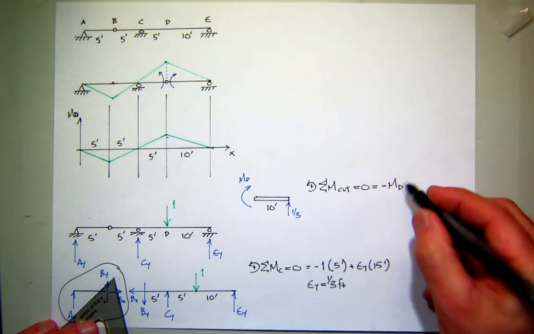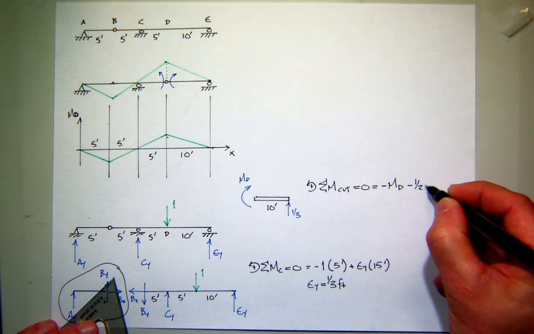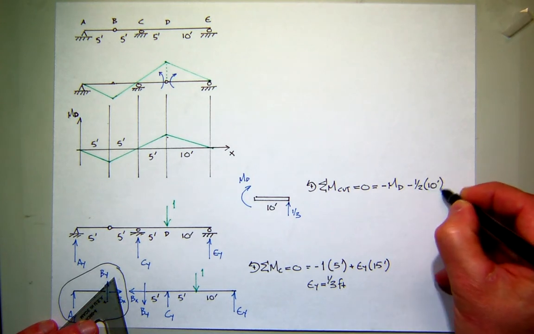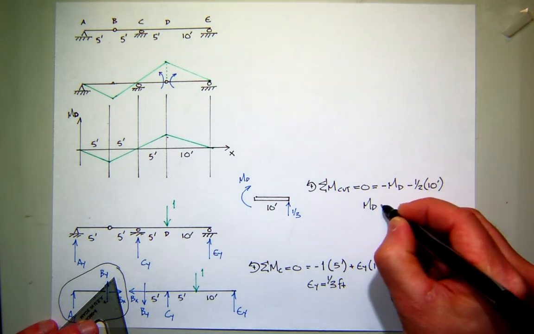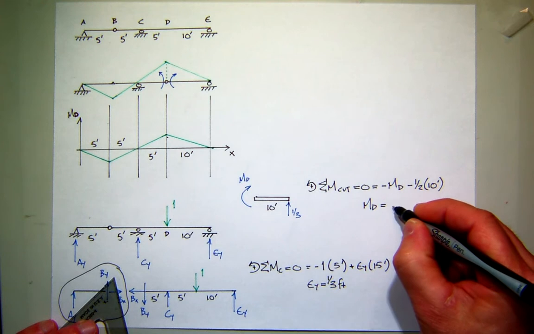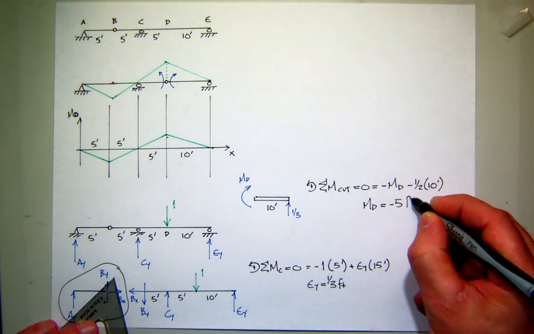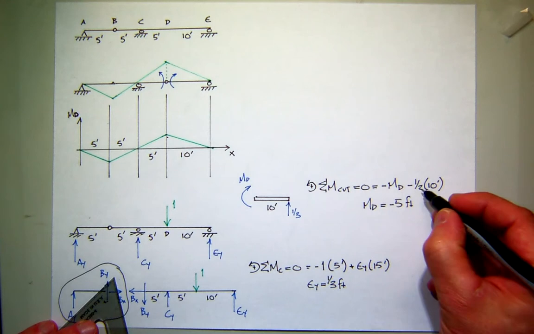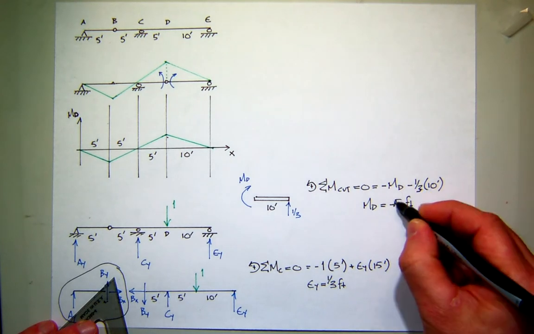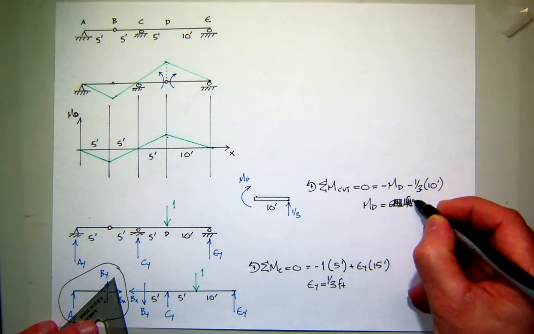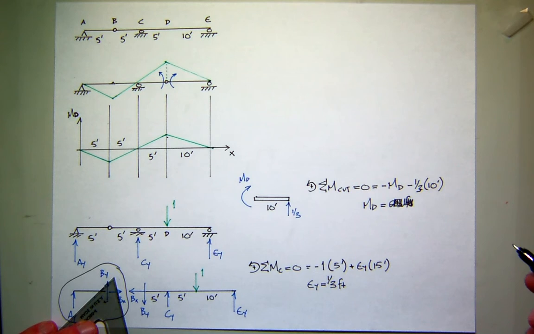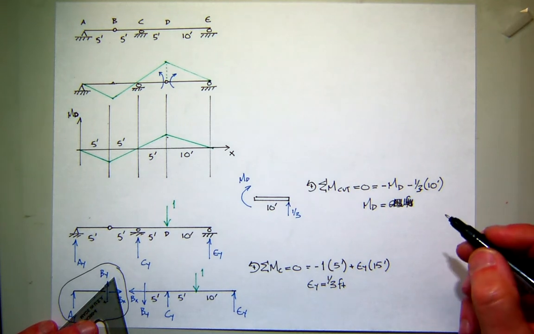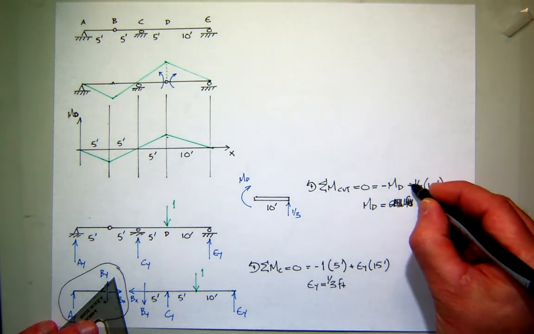The 1/3 is positive times a moment arm of 10 feet. Let's see. One of them is positive. This one's positive.